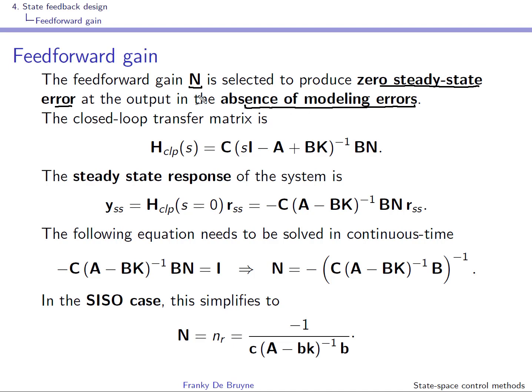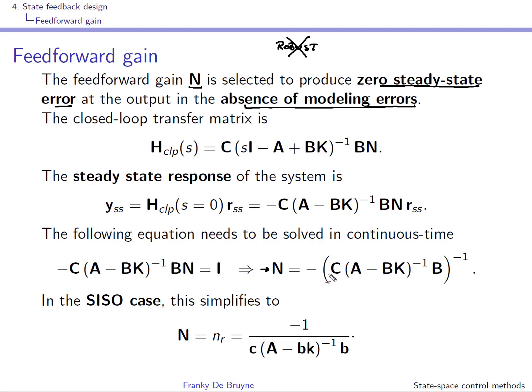So this means that this way of producing the zero steady state error is not robust, because N, computed to produce this zero steady state error, is based on a model of the process, and this model has a realization A, B and C.